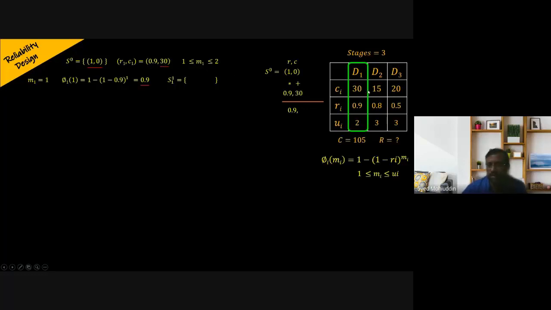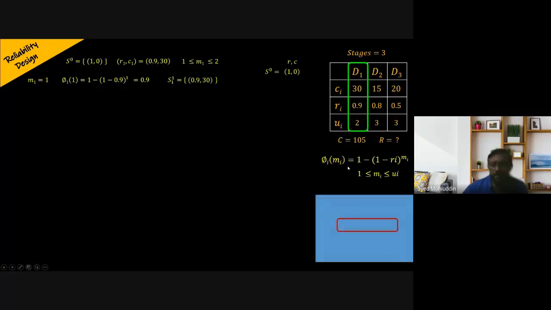Why 30? Only one device is added, so its cost is 30. C1 is 30, so it's 30 multiplied by 1, as only one device is added. This value is going to be S11.